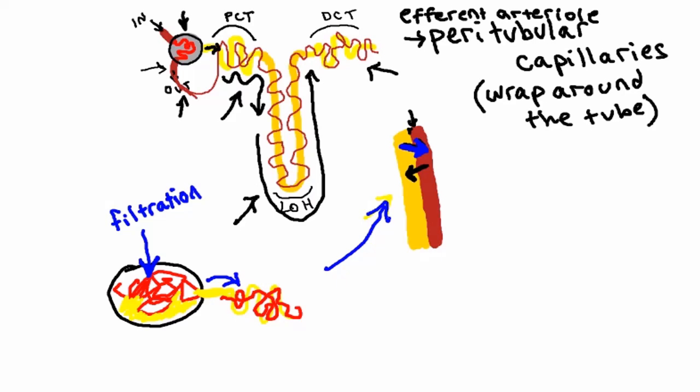Maybe they squeezed out some vitamin C by accident and they want their vitamin C back from the filtrate. When the filtrate goes back into the peritubular capillaries, that is called reabsorption.